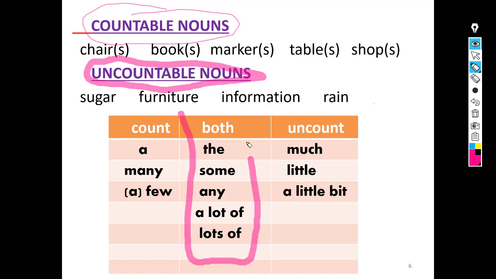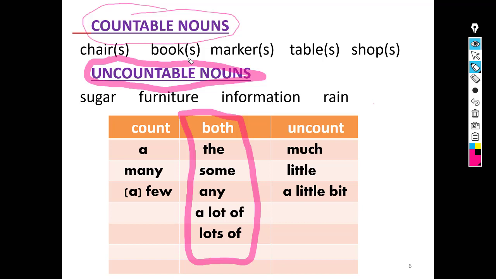Here is very important because if you are confused, you can use the, some, any, a lot of, or lots of. We can use both with countable nouns and uncountable nouns too. We can use the chair, or the information, I can say. Some rain, I can say.